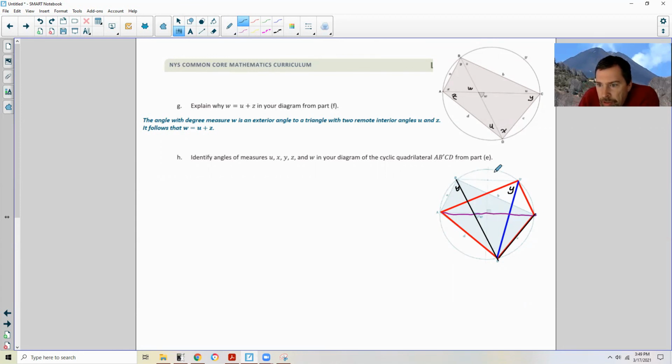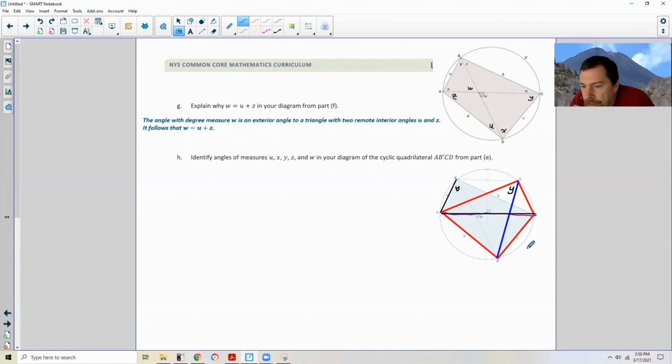That intercepts arc BB prime C. Does anything else intercept BB prime C? Yeah, if I just move the one end that is on B prime, I will find the other angle that goes to B prime, BB prime C, which is right here. So this whole thing here is worth X. All right, so that's not real helpful. It's not an angle by itself.